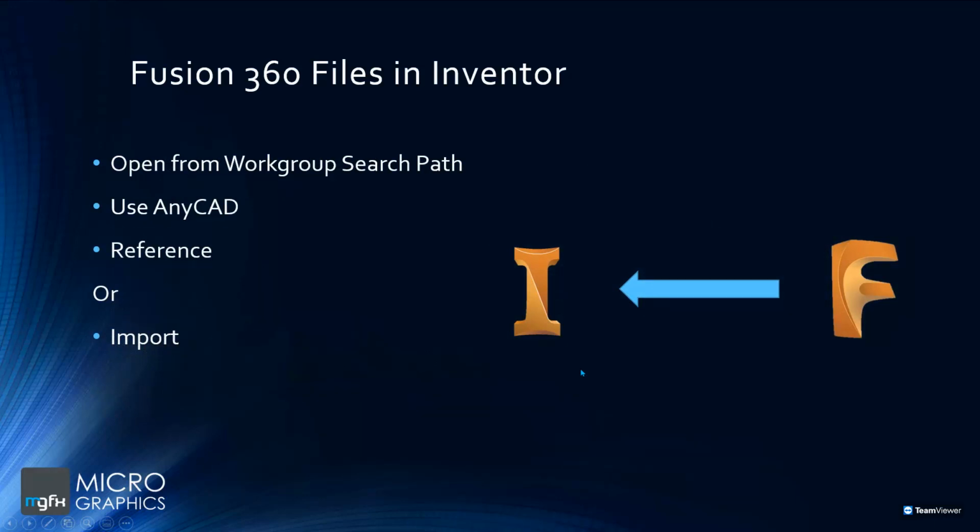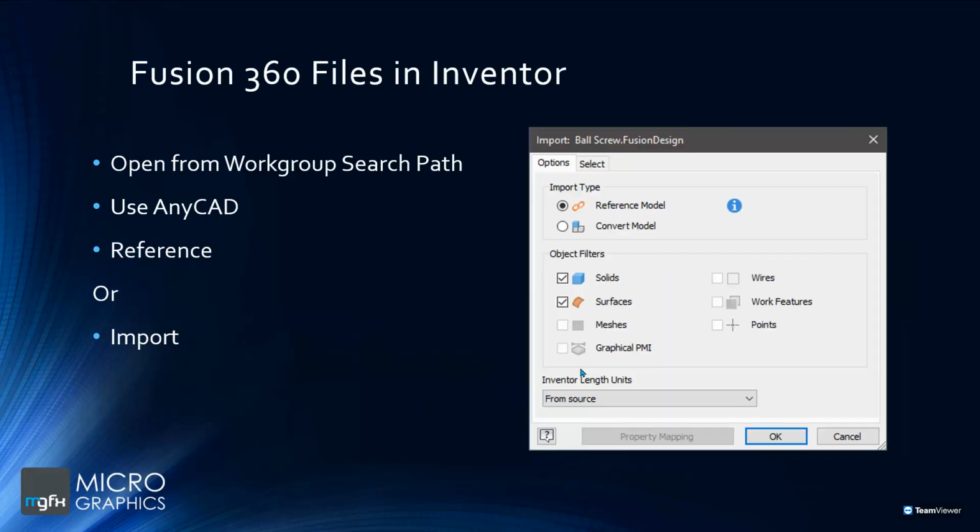Once you have set up that drive, you are then able to go into Inventor and use your place into assembly or open file command to open files from that workgroup search path that was created. If you're opening a Fusion file that was in that drive, you would get the AnyCAD import or reference window that comes up.